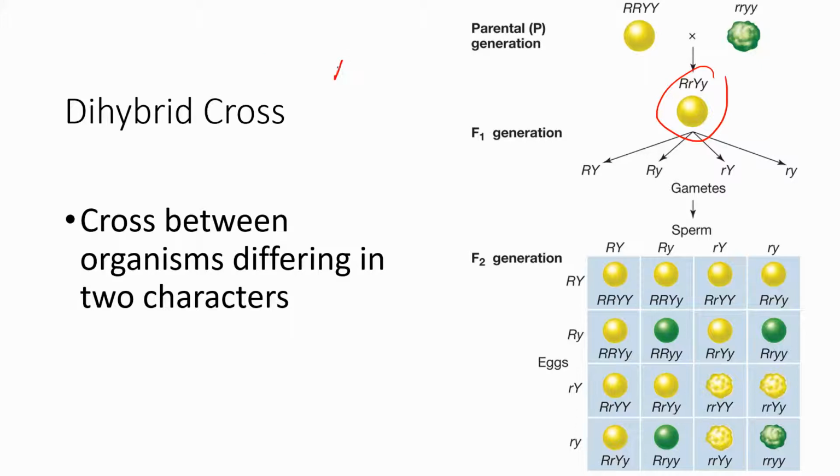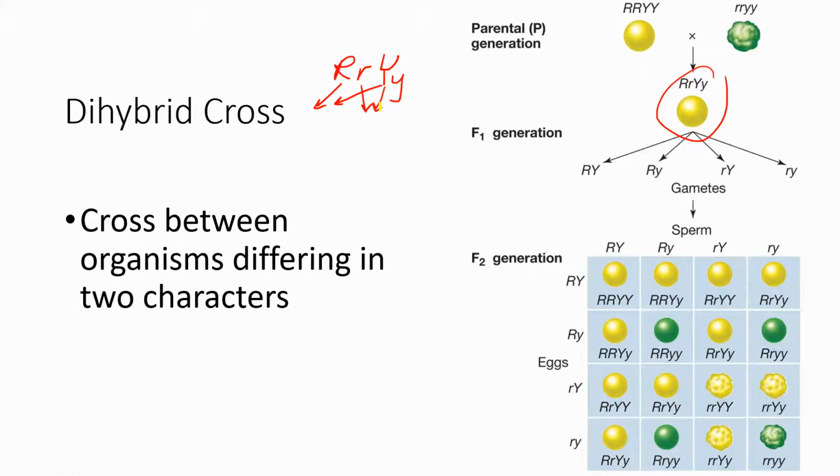So we have our genotype, which is heterozygous for everything, right? Now, in a gamete, each of these traits is going to separate and go into different gametes.